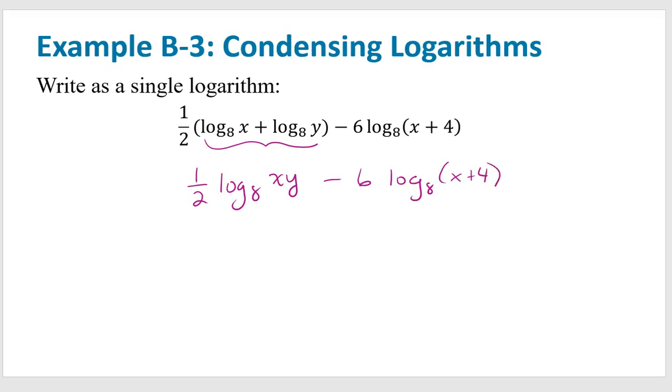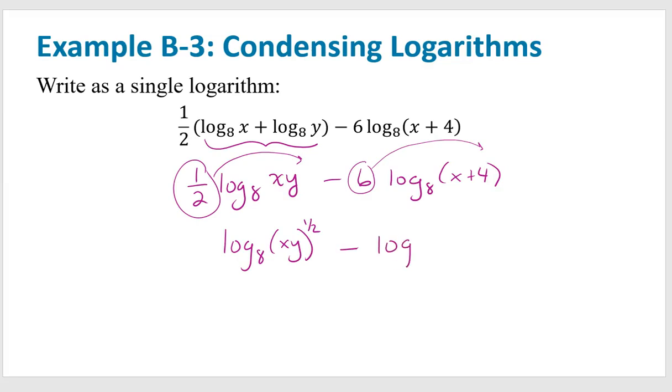All right, so then I see that I've got powers. So I've got this power that I can move up, and I've got this power that I can move up. So this is going to be log base 8 of xy to the 1/2 power. And notice all of xy gets the power. That whole thing gets the power.